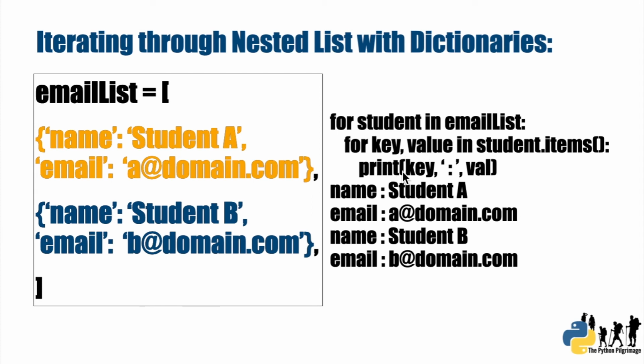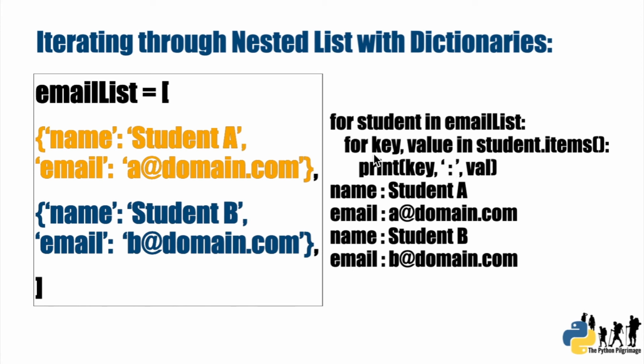And then if you print out key, and just for better illustration, we have space, colon, and then another space, and then the value. So with that, we're going to print out name, space, colon, space, the student name, since that is your key and your value. And then iterating into this inner for loop here, you end up having your email as your key, and then this a@domain.com as your value.